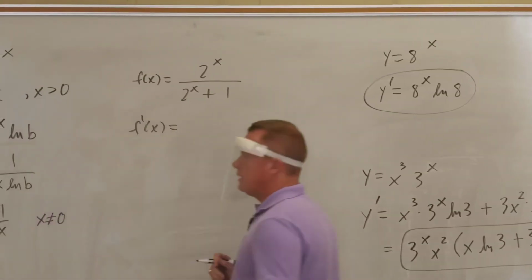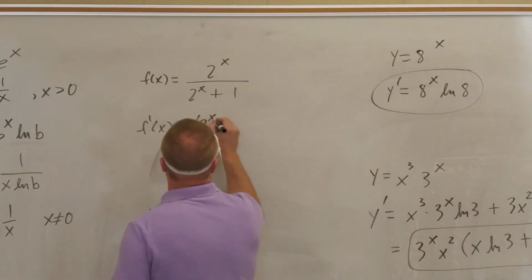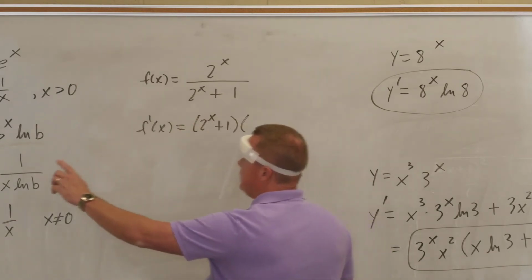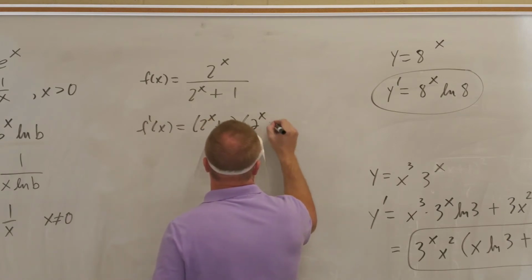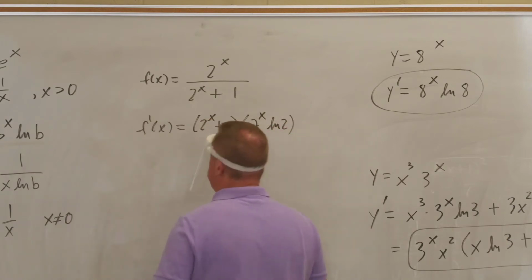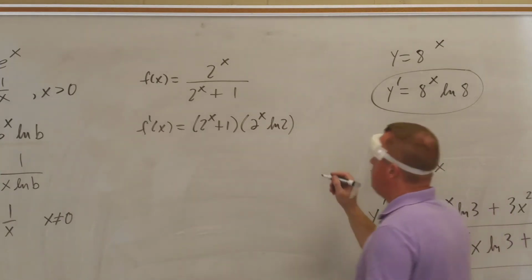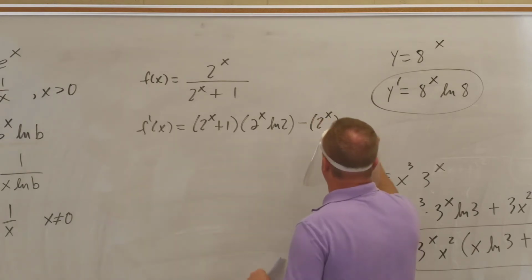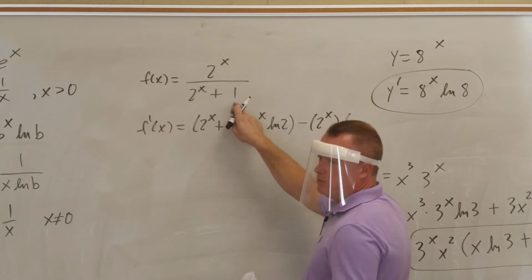Okay, bottom times derivative of the top. So 2 to the x plus 1 times, all right, the derivative of 2 to the x power, follow this formula, 2 to the x times the ln of 2, all right, so that's bottom times derivative of the top minus the top times derivative of the bottom, which is also going to be the same thing as this, because the 1 just gives me 0.